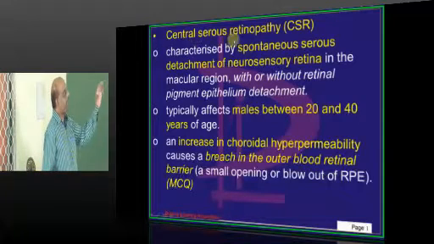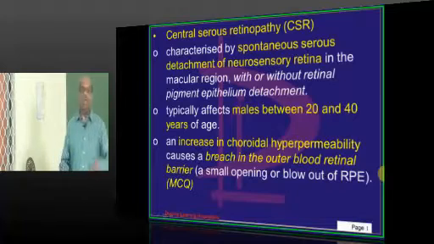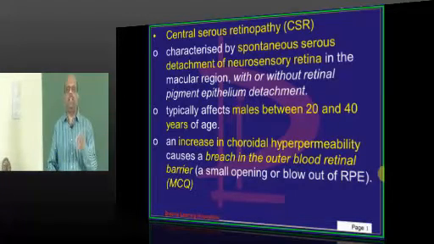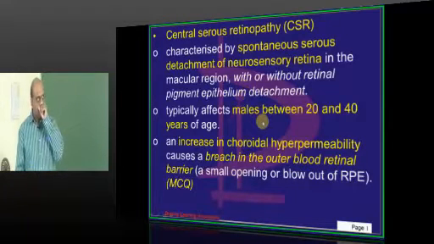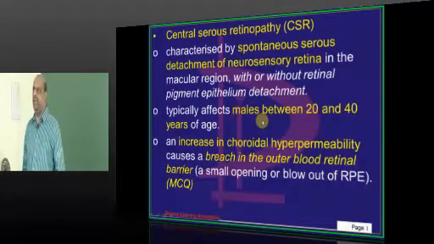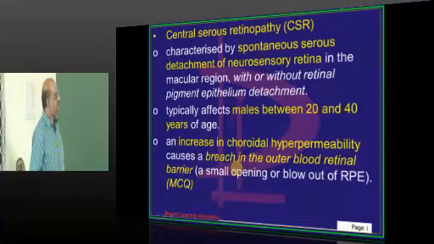That is the whole problem of central serous retinopathy. It may or may not be associated with retinal detachment. Now, males between 20 to 40 are the common age group affected with central serous retinopathy.